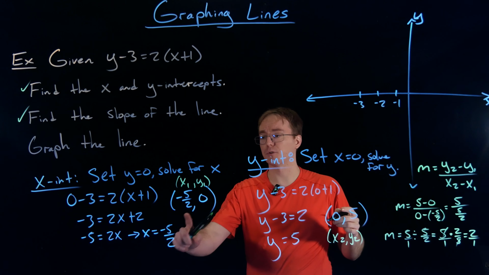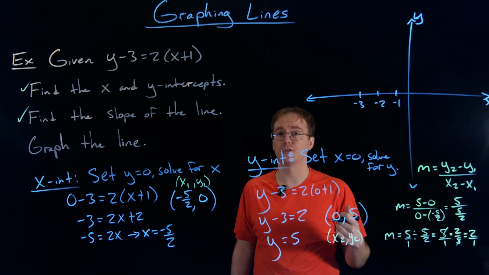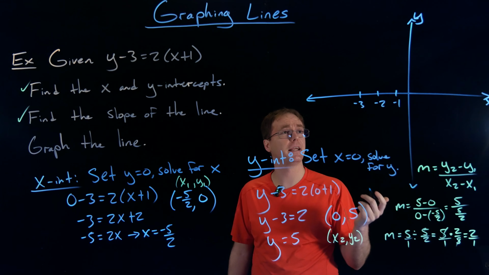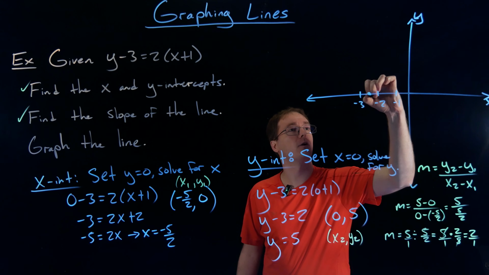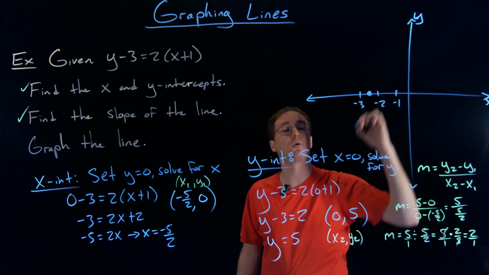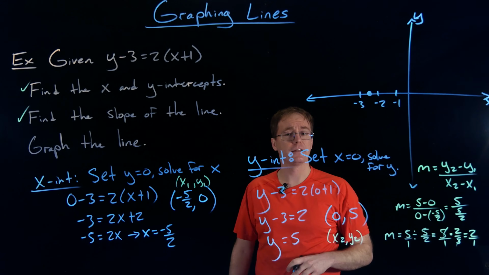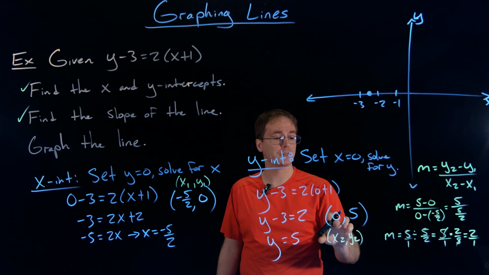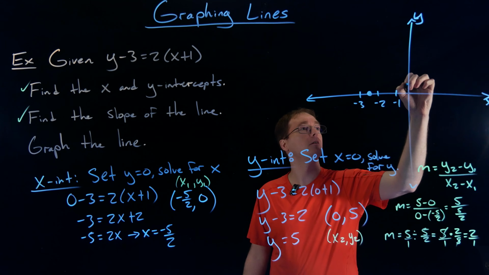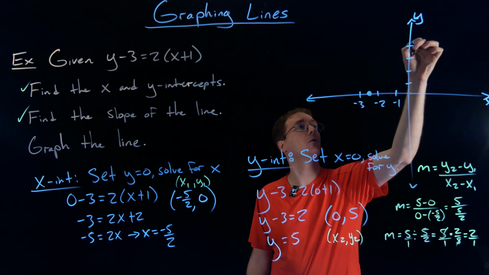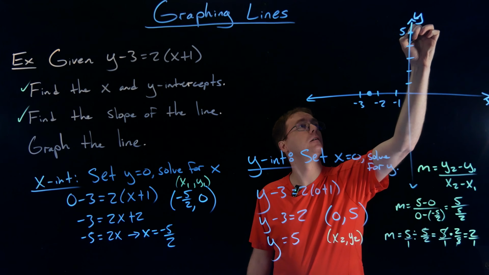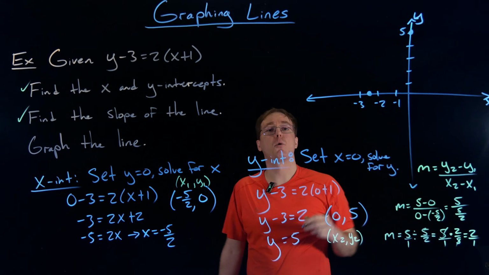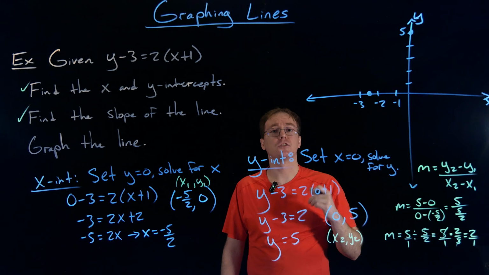Remember, our x-intercept was the point -5/2, comma 0. -5/2 is equal to -2.5. So our x-intercept will be this point right here on our graph. And the second point, that y-intercept, we found to be 0, 5. 2, 3, 4, 5.